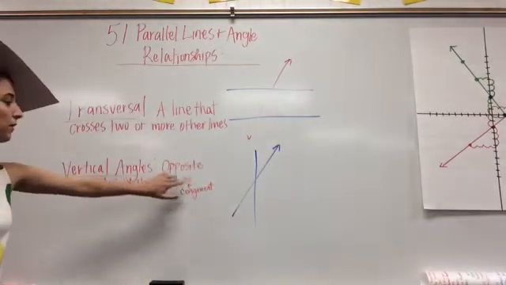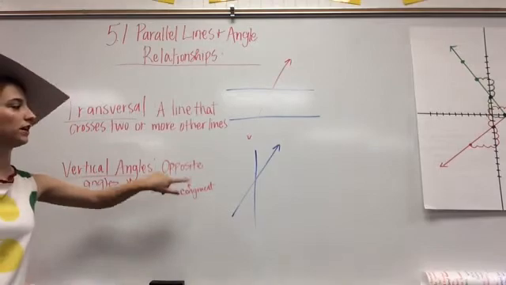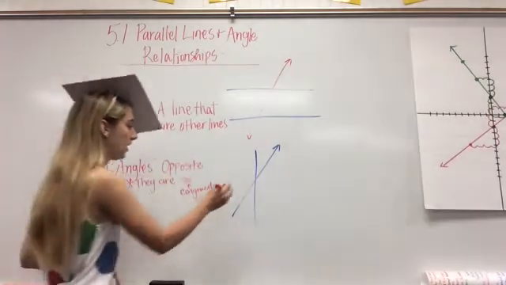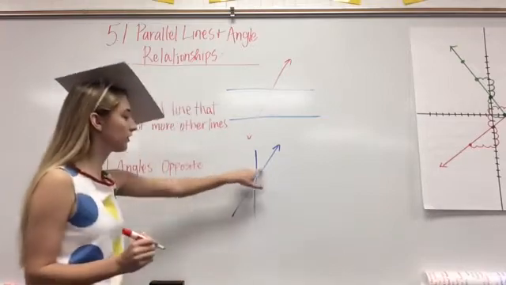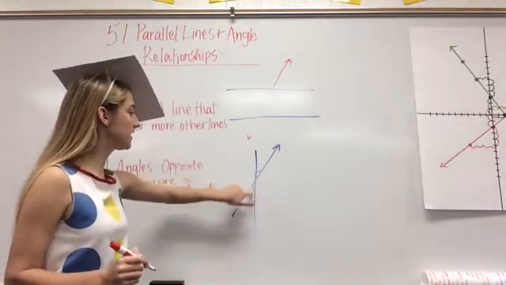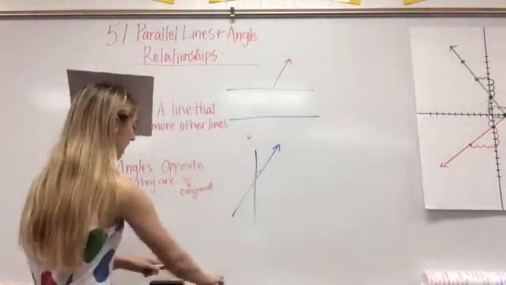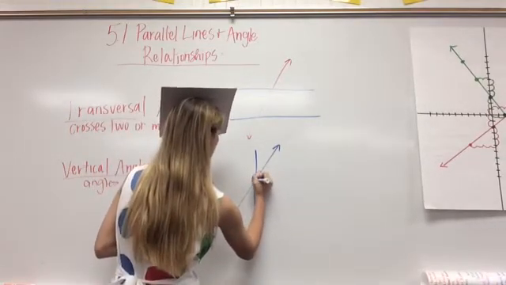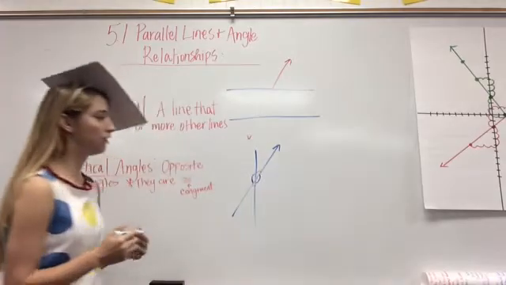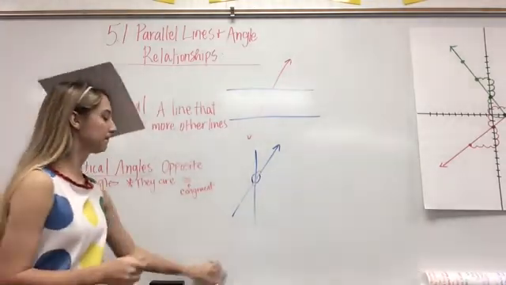Hopefully you've seen that before, but if not, that's what it looks like, a squiggle and then an equal sign underneath. And so I'm going to label those two are vertical angles. So these two have the exact same measurement. And then these two are also vertical angles.